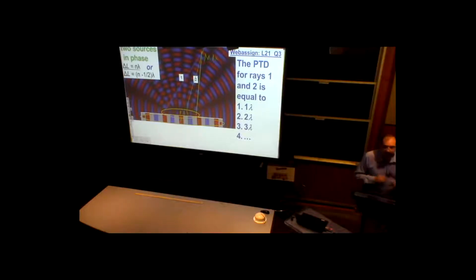Now, of course, we could repeat the same reasoning we did yesterday very briefly. We know that for all points which lie on this line, the path length difference is the same. This is basically a definition of this line. And this is supposed to be equal to the literal difference.